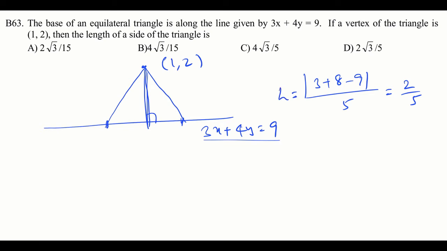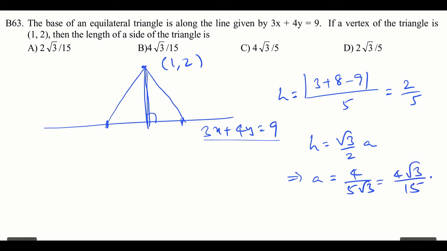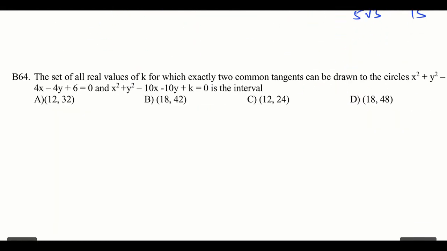Now we know that height is nothing but root 3 by 2 a. So I have a is nothing but 2h by root 3, 4 by 5 root 3 I am getting, which I can write as 4 root 3 by 15. Okay, therefore B is the answer.